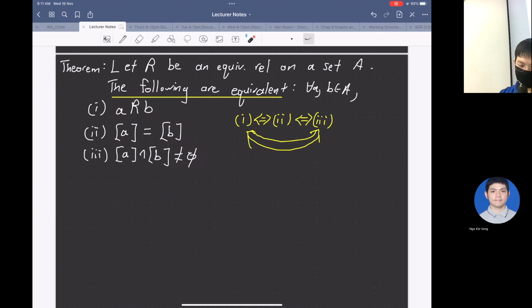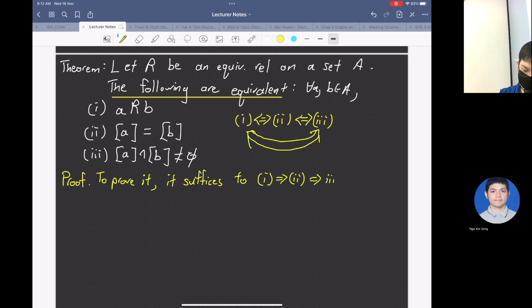So let's see why it is true. To prove the statement, it suffices to show 1 implies 2, 2 implies 3, and 3 implies 1.